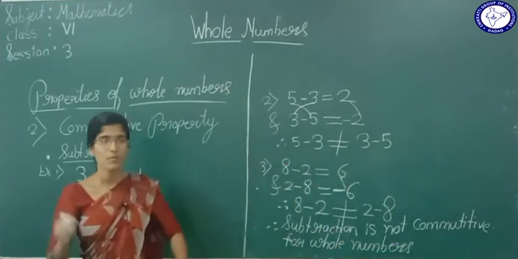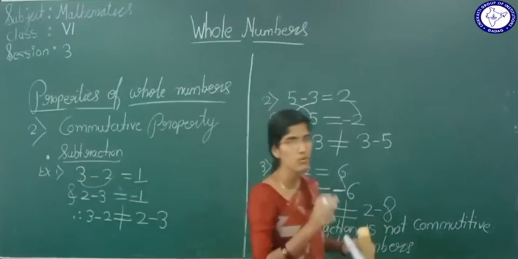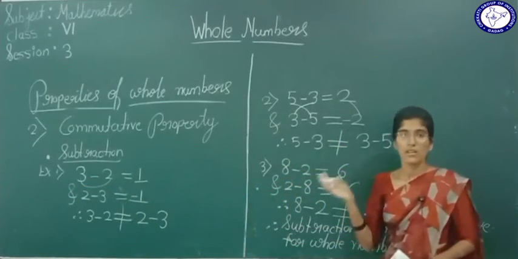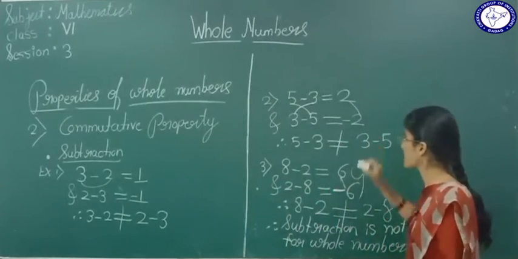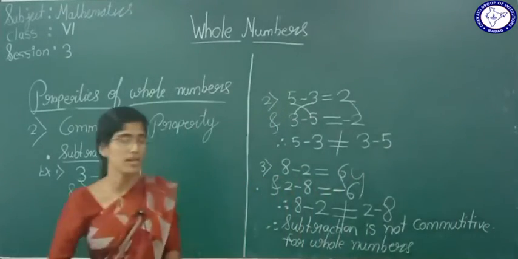In simple terms, commutative means if we change the position of the number, the answer should come same. But here in subtraction, it is not happening. Yes or no? Now we will see for multiplication.